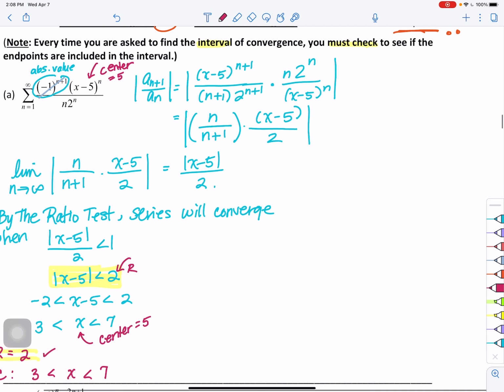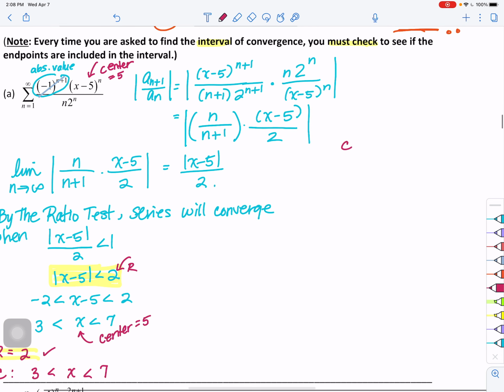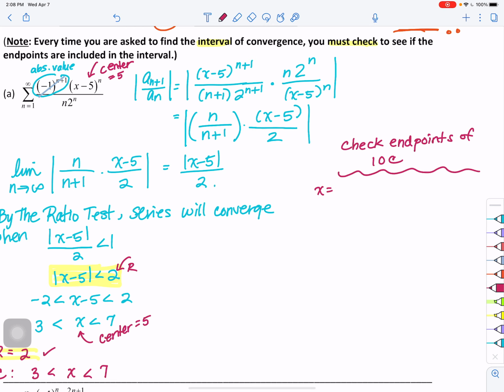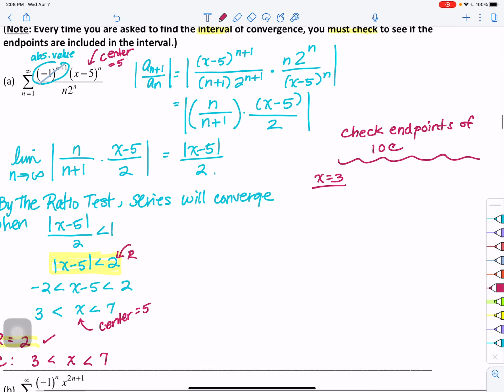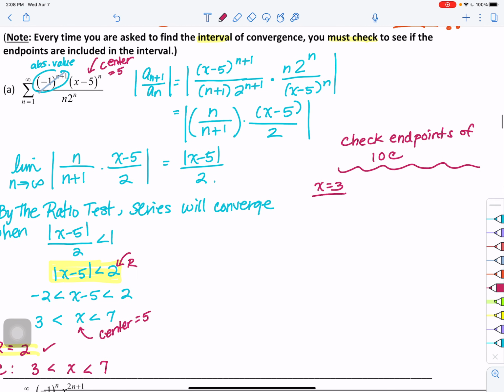So I'll go over right here and I'll just put check endpoints of interval of convergence. So the first thing we need to check is x equal to 3. That's that left endpoint. So what does our series become when x is equal to 3? Let's take a look.